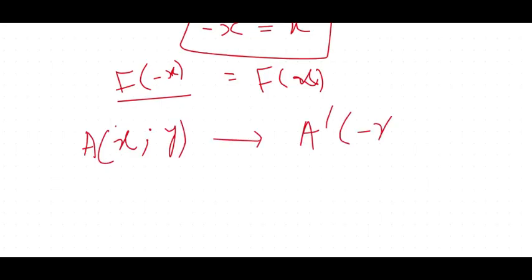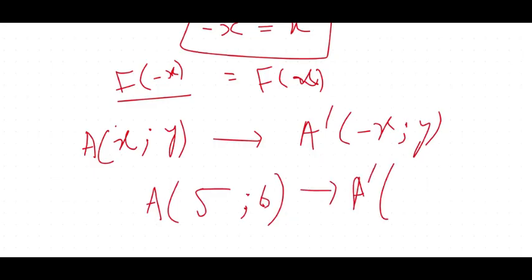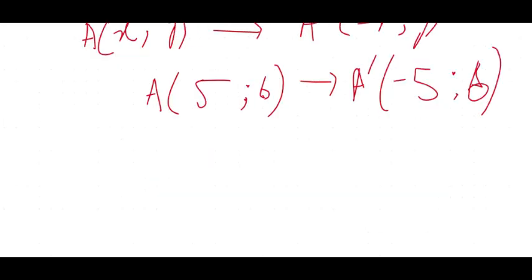Like we have A as (5, 6), so it maps to A prime, which becomes (minus 5, 6). So now we have to calculate the length of A and A prime.